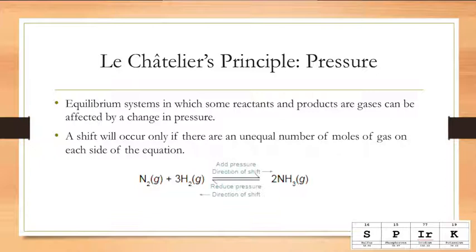If you look, we have 1 mole of N2, we have 3 moles of H2 on our reactant side, so a total of 4 moles, and we have 2 moles of ammonia gas on the right. If we increase the pressure, it's going to shift towards the side with fewer moles, so we're going to shift towards the products. If we decrease the pressure, it's going to shift from the right-hand side to the left side to allow more space for more moles of gas to be produced.